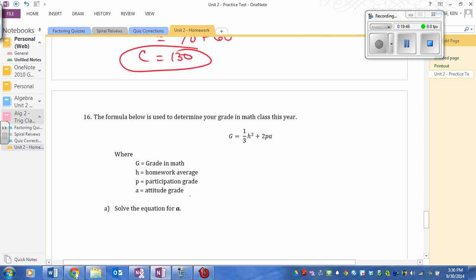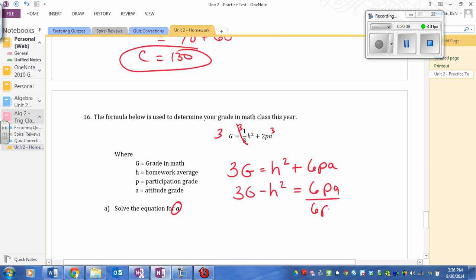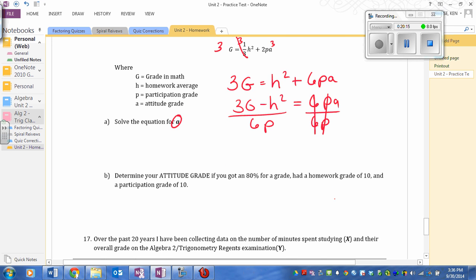Alright, so this one we're going to solve for a. So I'm going to multiply everything through by 3 first. So I get 3g equals, cancel, h squared plus 6p. Move this h squared over. 6p. So, I just got to figure out what the grade is.